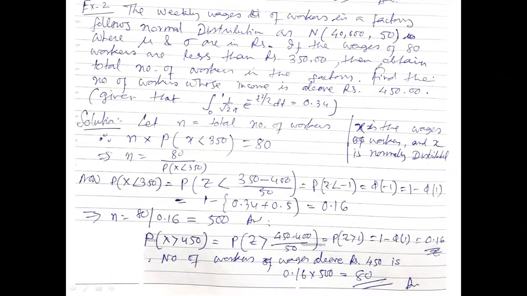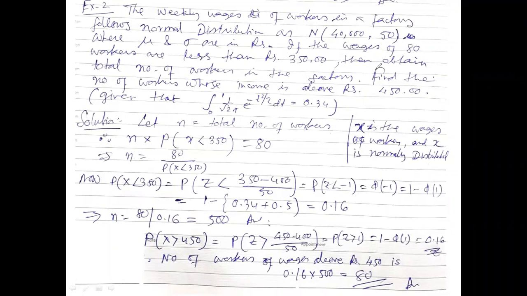If the wages, that means salary, of 80 workers are less than rupees 350, then obtain the total number of workers in the factory.